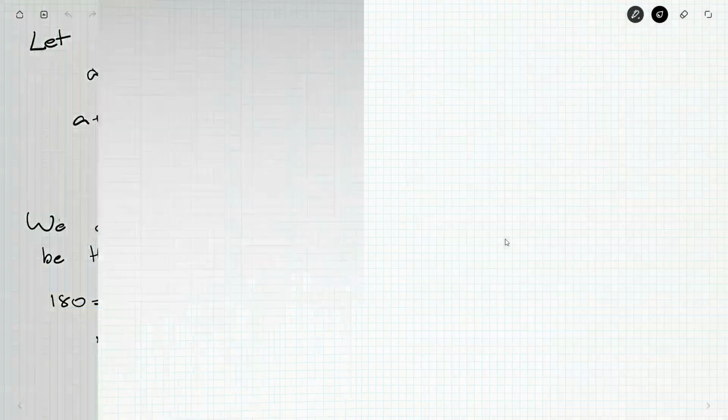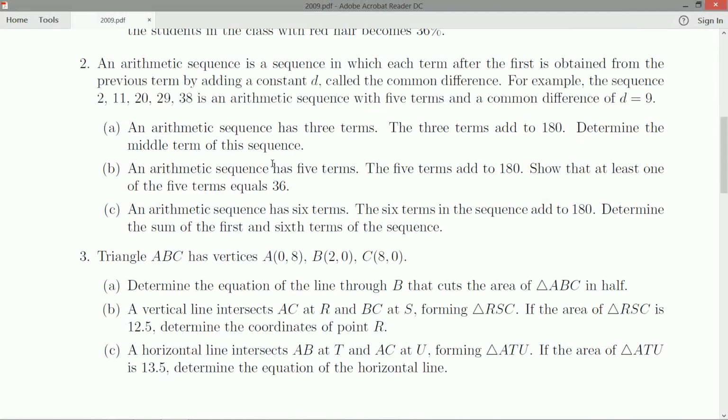I don't think I can fit C in that tiny little space, so we're going to flip the page and talk about C. An arithmetic sequence has 6 terms. Little different. We can't do any of this middle term stuff. We have an even number of terms, so there is no middle. The 6 terms in the sequence add to 180. Determine the sum of the first and 6th terms of the sequence.